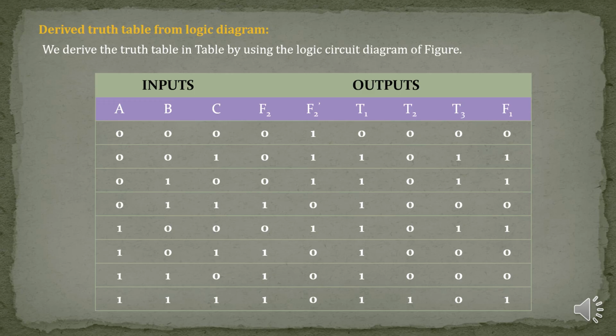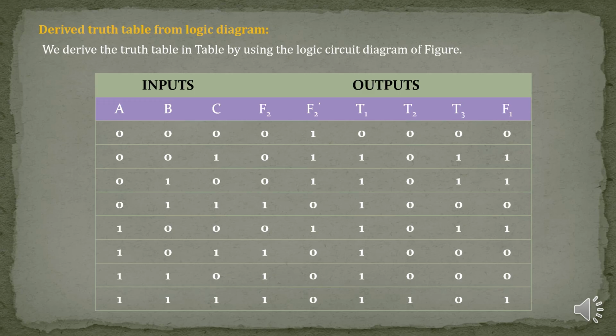When B and C inputs are high, F2 and T1 are high. When A input is 1, the outputs F2 dash, T1, T3 and F1 are high. When the inputs A and C are 1s, then the outputs F2, T1 are high.